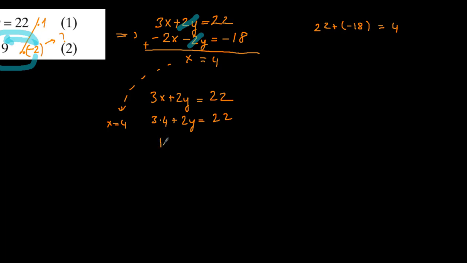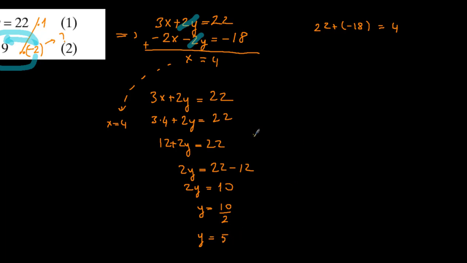It has to be 12 plus 2y is equal to 22. 2y is equal to 22 minus 12, and 2y is equal to 10, and y is equal to 10 over 2. Y has to be equal to 5, and this is the end of the operation, which means that the solution is 4 and 5.